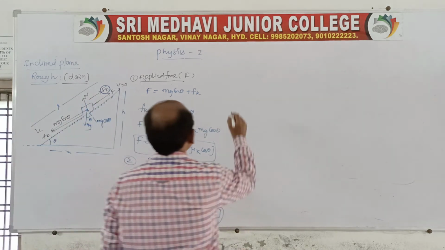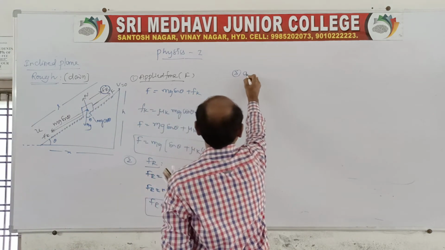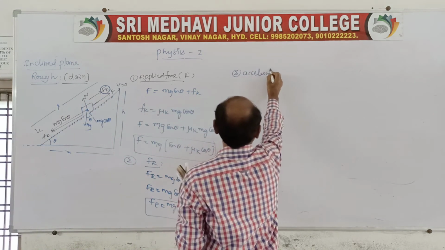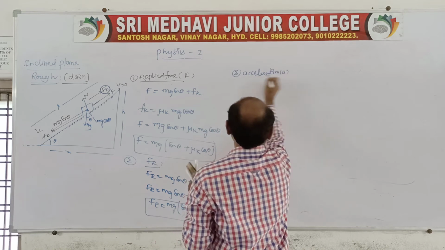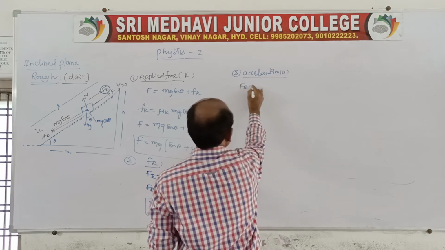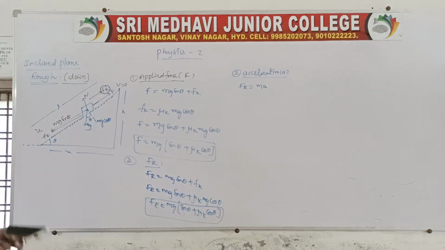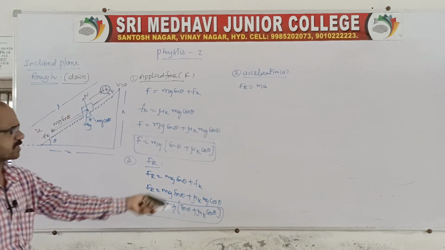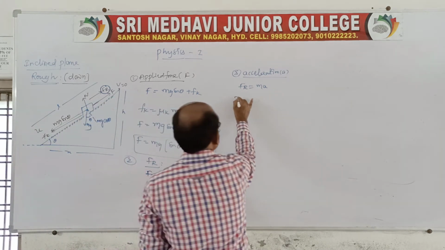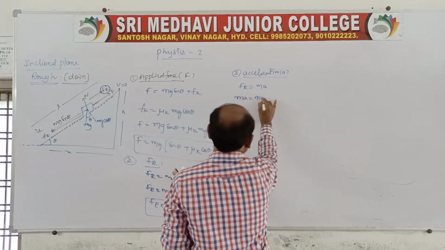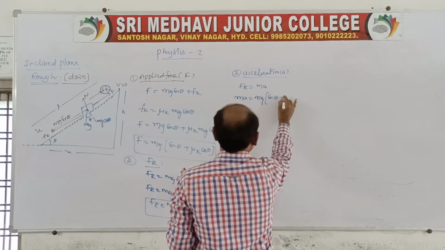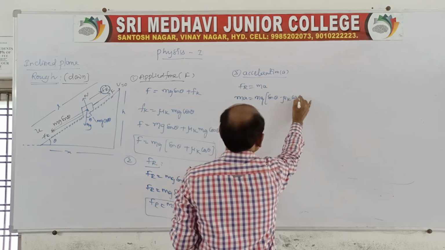Now you go for the third parameter, that is acceleration. Clear? You say capital A. So we know the resultant is equal to ma, right? Resultant is equal to ma. Now you replace Fr with ma, so that ma is equal to mg of sin theta plus mu k cos theta.